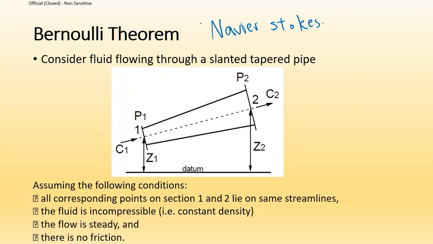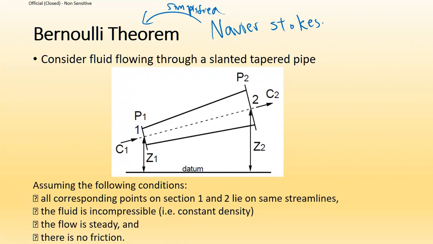The Bernoulli theorem is just a simplified version of the Navier-Stokes. How do we simplify it? We simplify it by using certain assumptions. But that is not in our scope of discussion today, so we are not going to venture further into that. For those who are interested, you can go and take a look.